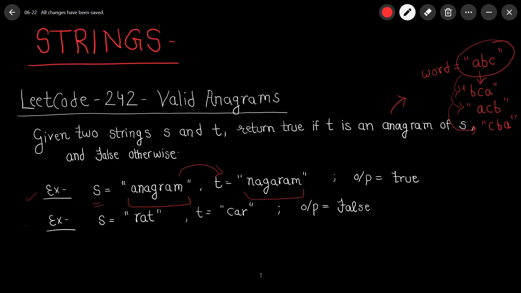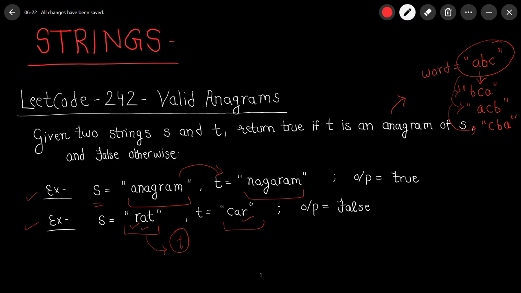Similarly, let's look at the second example. Here the S string is rat, but the T string is car. Whatever we try in any way, we cannot reach T here. Since here we have R, here we also have R, so no problem.